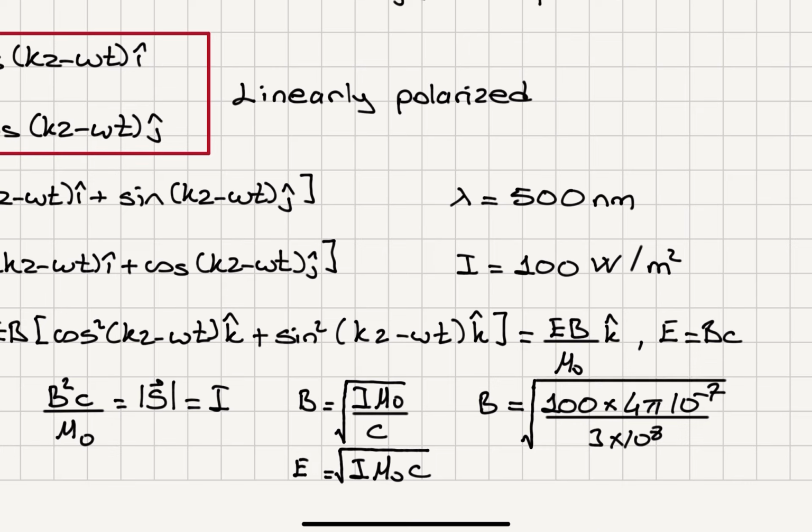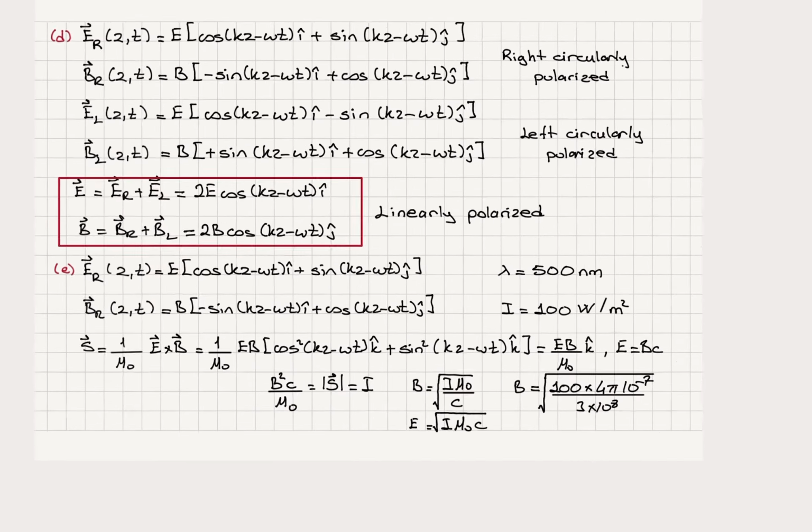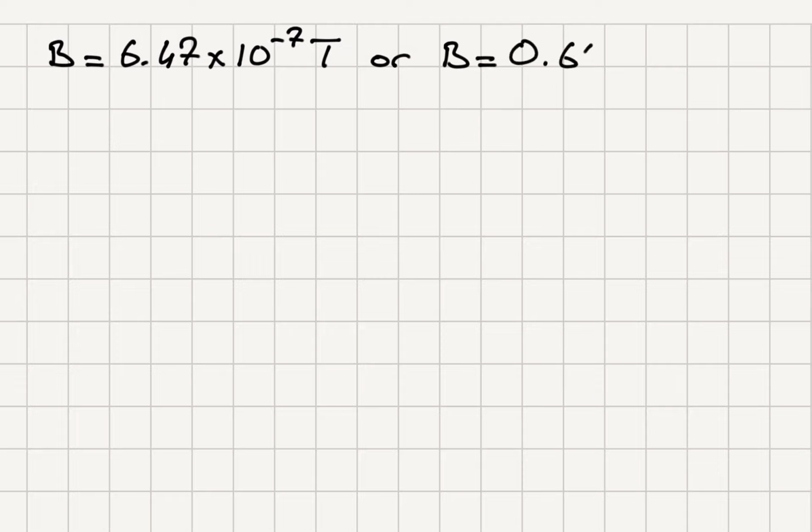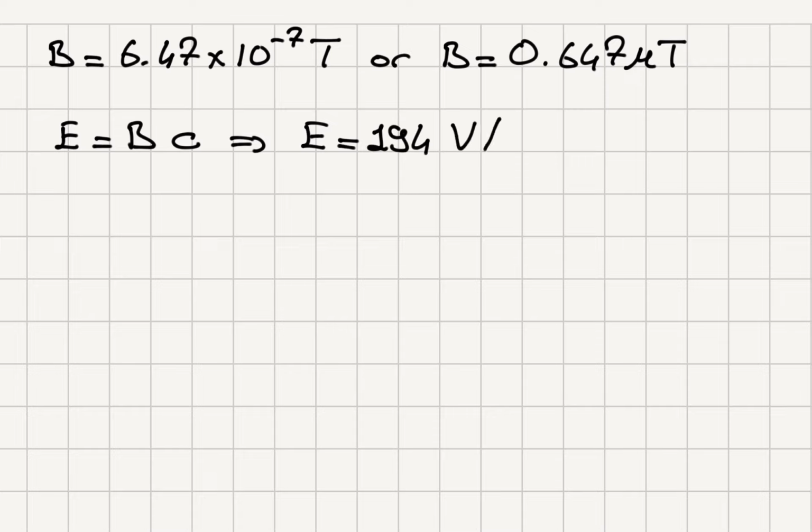This gives us a magnetic field magnitude of 6.47 times 10 to the minus 7 Tesla, or 0.647 microtesla. On the other hand, E is equal to B times C, so that gives me an electric field magnitude of 194 volts per meter.